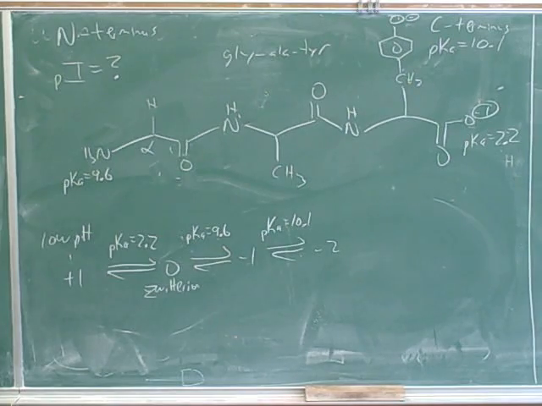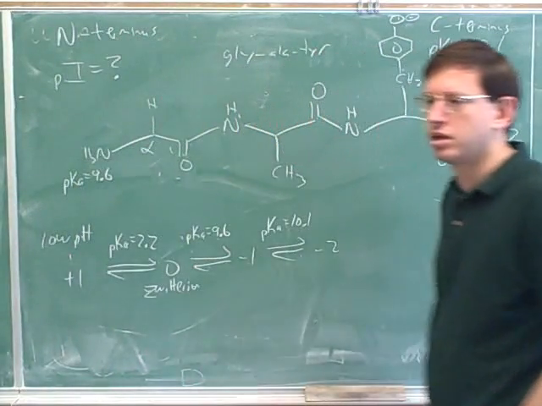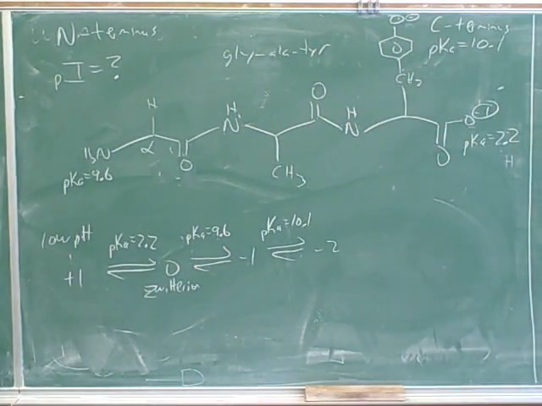Well, do you remember what the definition of the pI is? It's the pH at which we get the max concentration of 0. So that would be the average of 9.6 and 2.2. That's right.